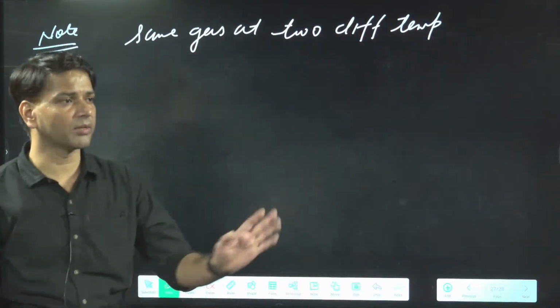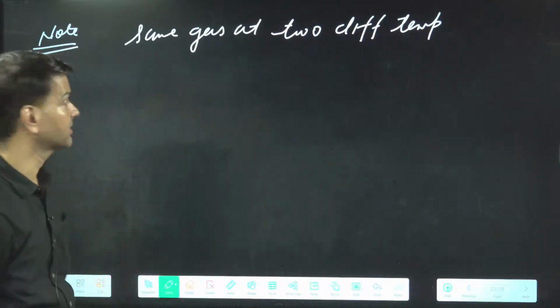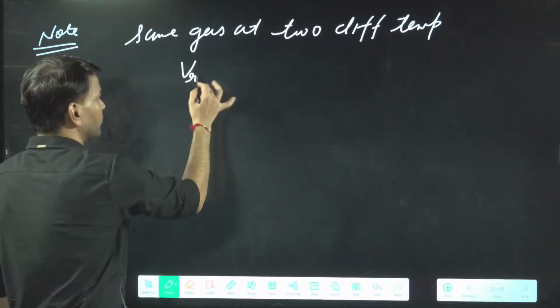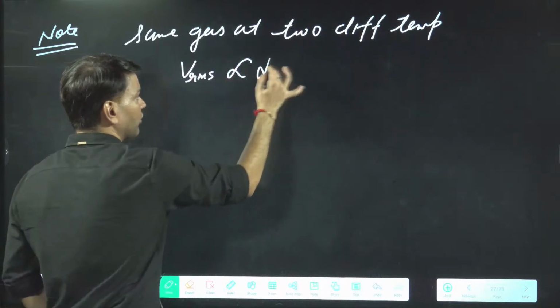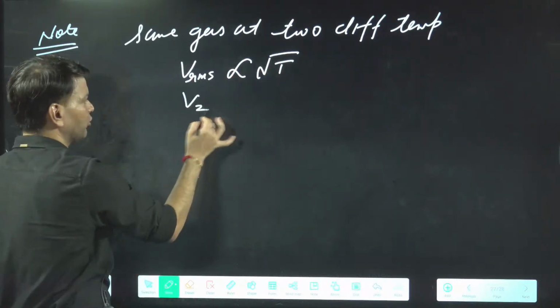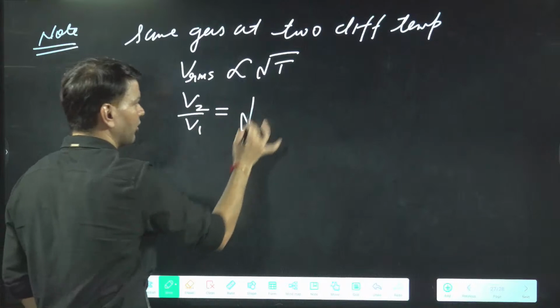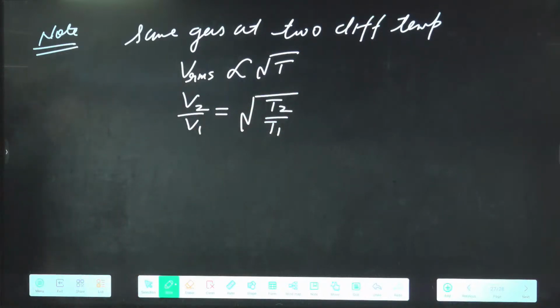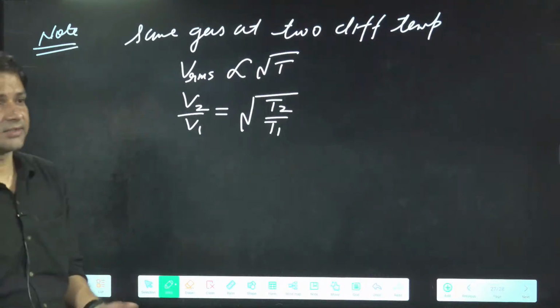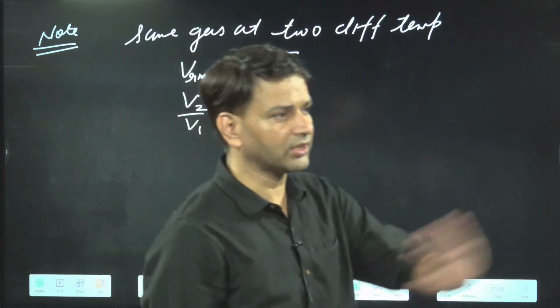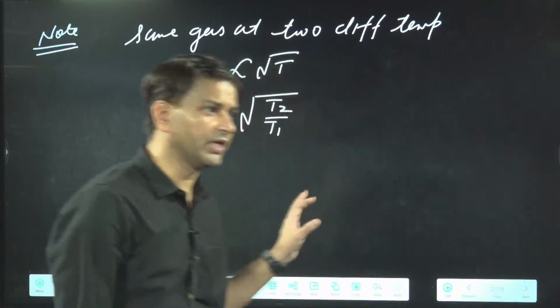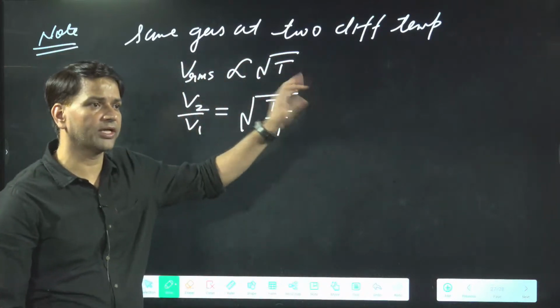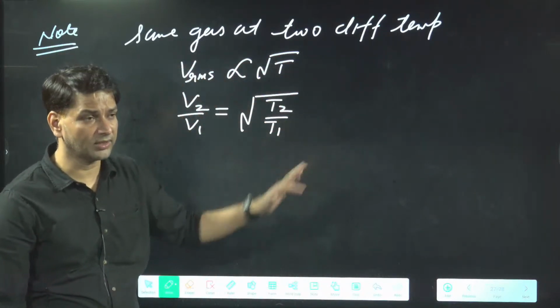Same gas means molar mass is the same. Then I can say Vrms is directly proportional to under root of T. Then we can say V2 by V1 is equal to under root of T2 by T1.